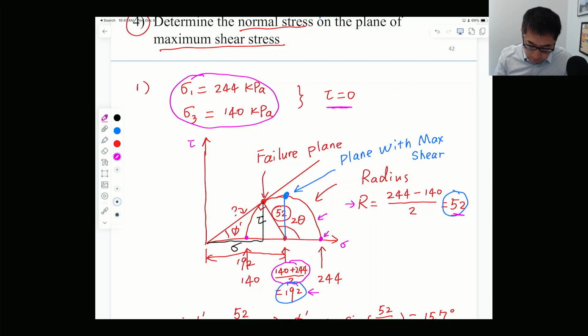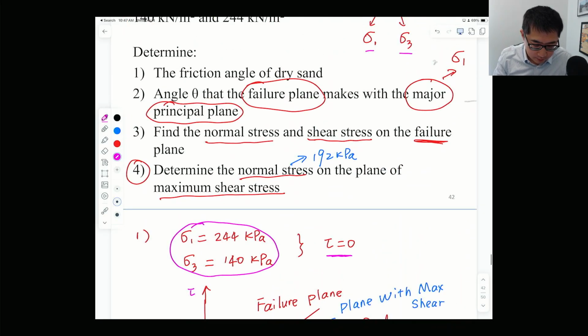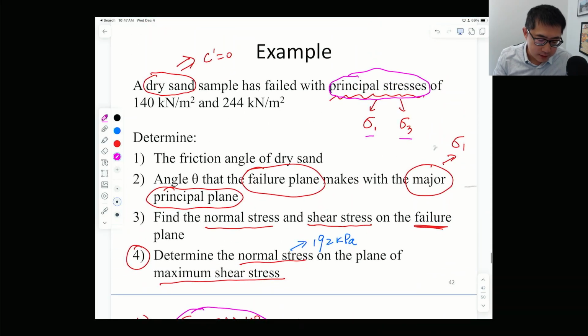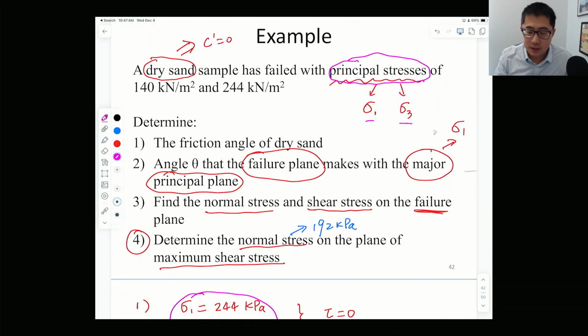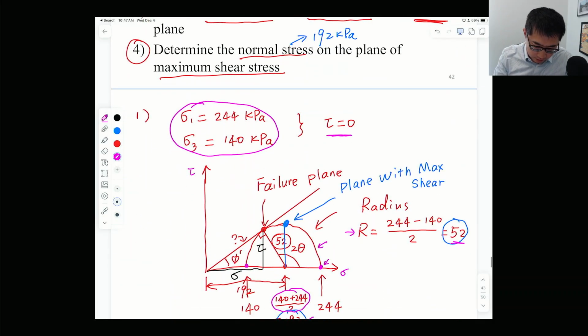After you do that, try to plot the failure envelope. We know this is a dry sand, so it does not really have any cohesion. So you can very confidently draw a straight line from this 0, 0 point, and then draw a straight line that is tangent to the Mohr circle you just constructed.